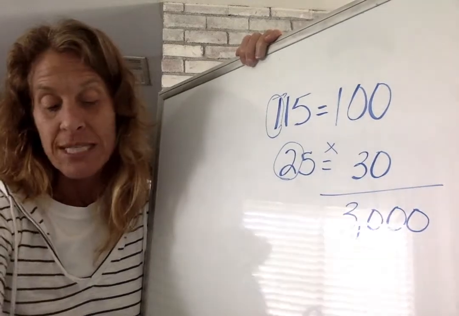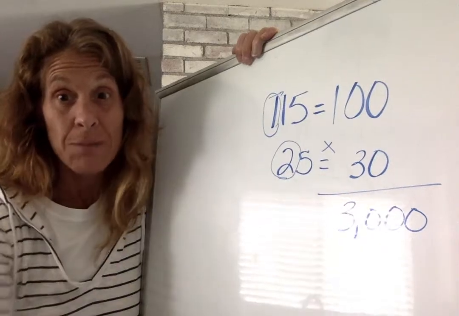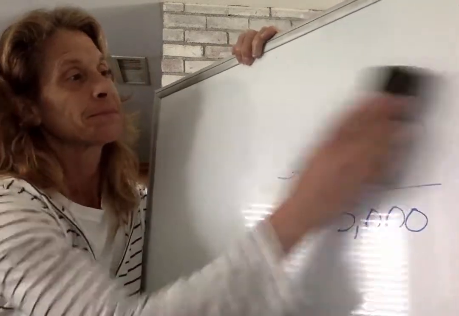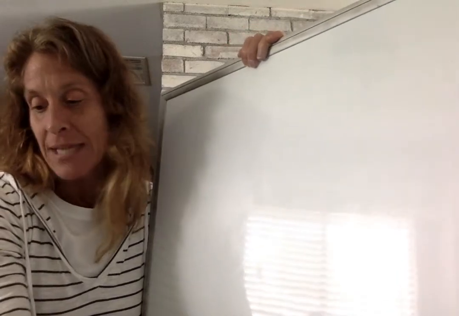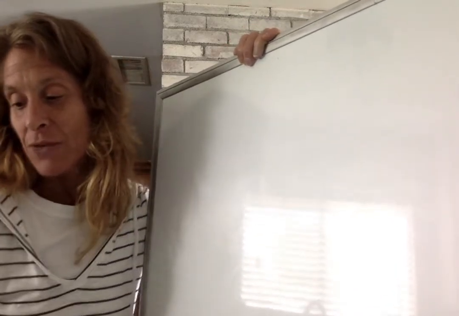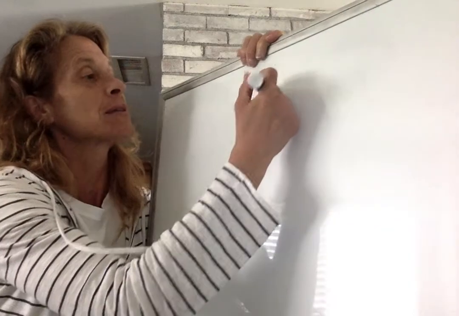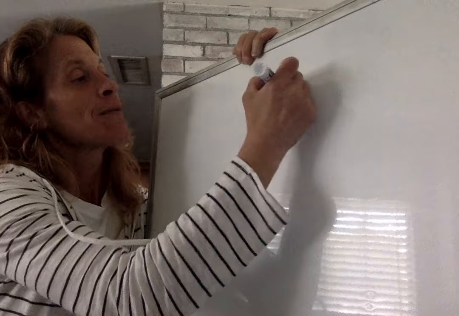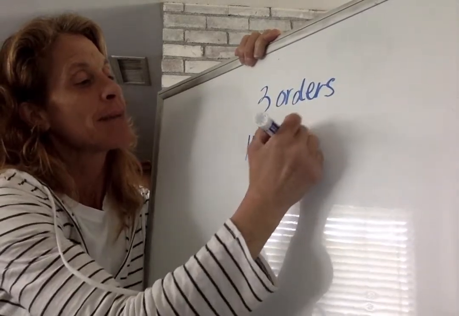Okay, so number 14, same. You're rounding, but this is a two-parter. So let's see this one together. Number 14, Mr. Henson bakes and decorates 3 orders of about 100 cupcakes each morning. So we have 3 orders of 100. I'm just taking notes.